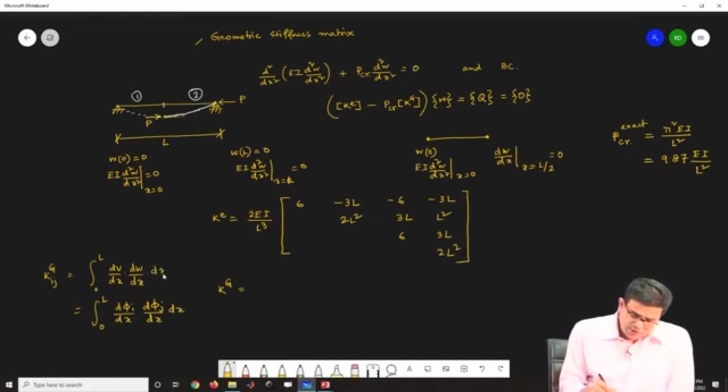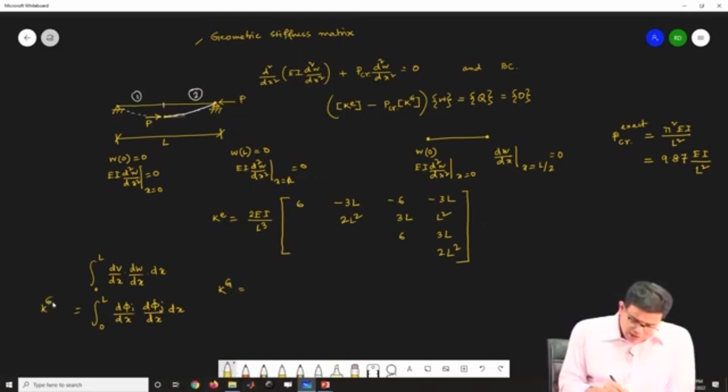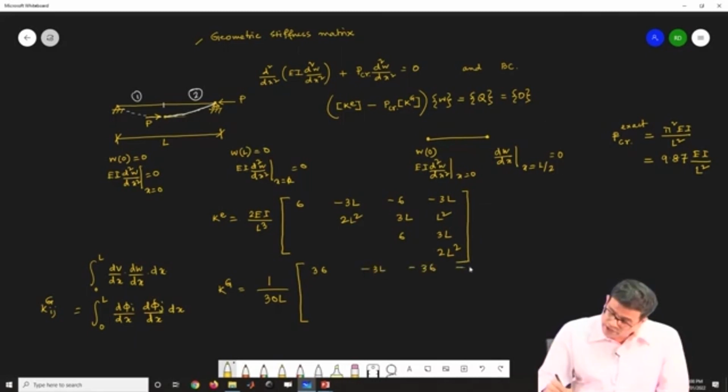So, this is actually your K G I J. The ijth entry we can compute, and that is actually 1 by 30L times 36, minus 3L, minus 36, then minus 3L.